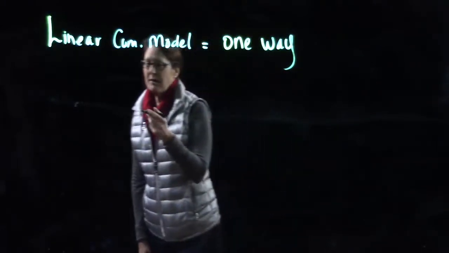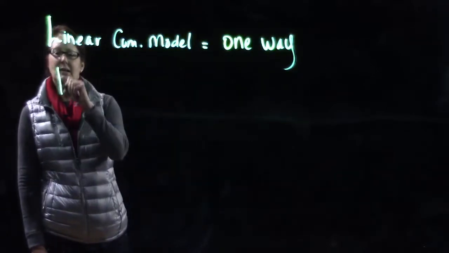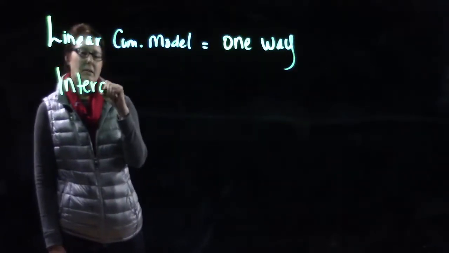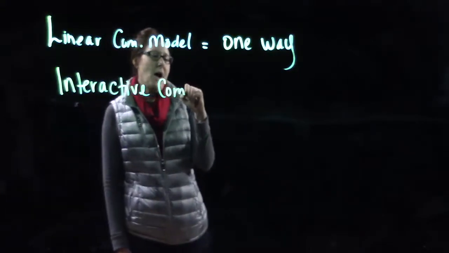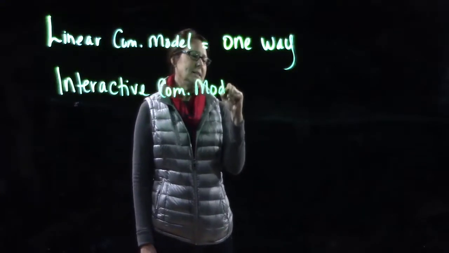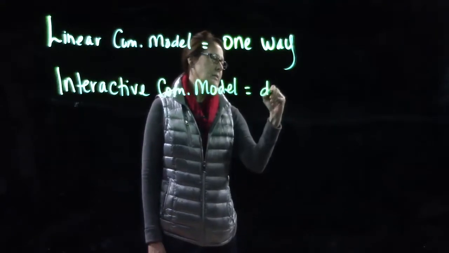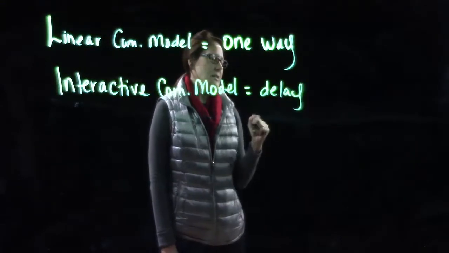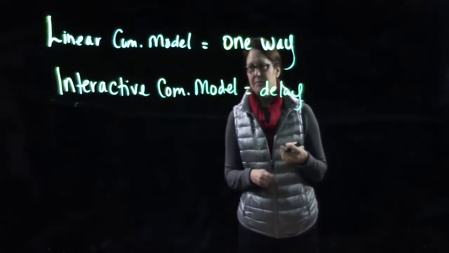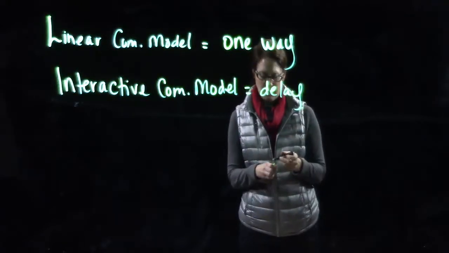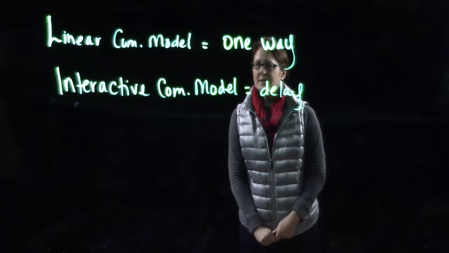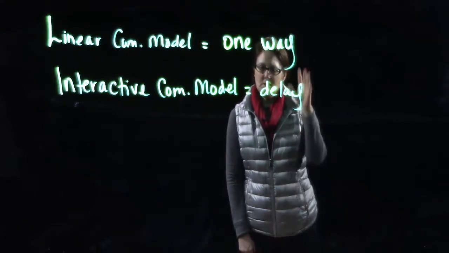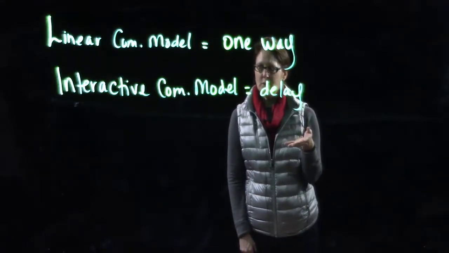The second model I want to talk about is interactive. The interactive model is a model that has a slight delay. Now I'm communicating about the communication model, and I'm going to wait a moment and see if you have questions, and then you would raise your hand and ask your question.